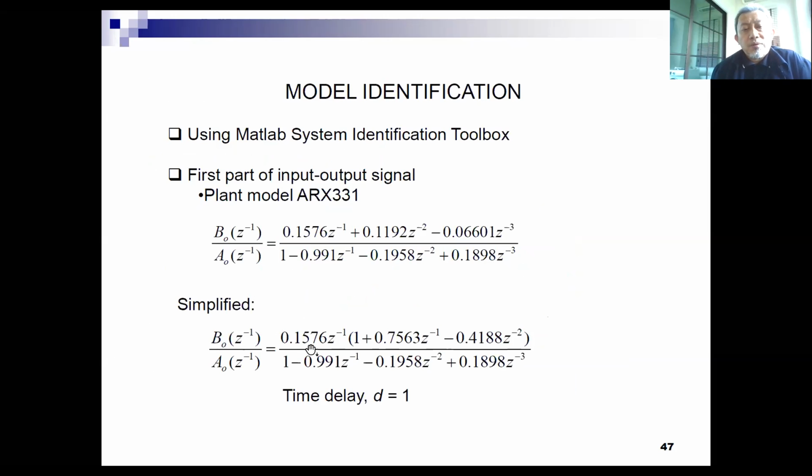As usual, we factorize the numerator part, which is here, and this one is equal to 0. When equal to 0, you have 2 zeros, and in polynomial A you have 3 poles, with time delay 1.